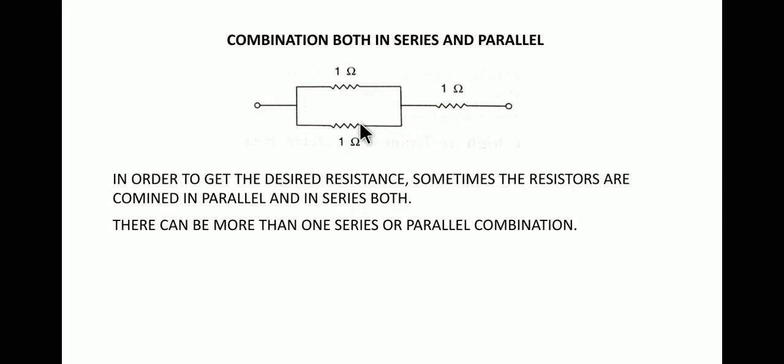Resistors of 1 ohm each. The resistances connected in parallel will give you 1 by 1, 1 from the formula and 1 from this resistor's value, plus 1 by 1, which will be equal to 2. So if 1 by Rp is equal to 2, that means Rp will be equal to 1 by 2.